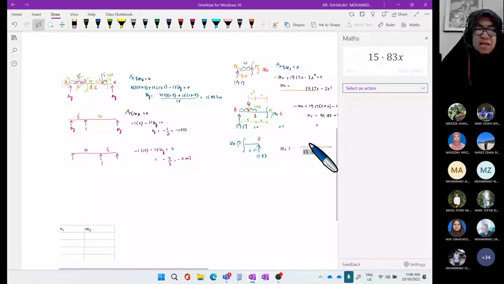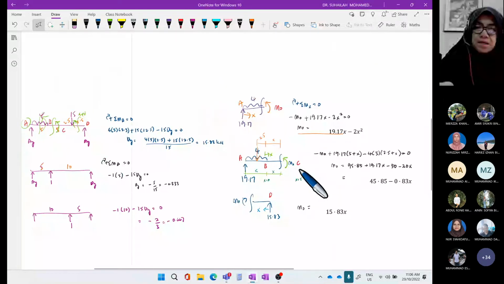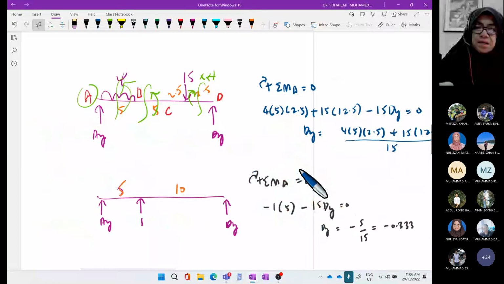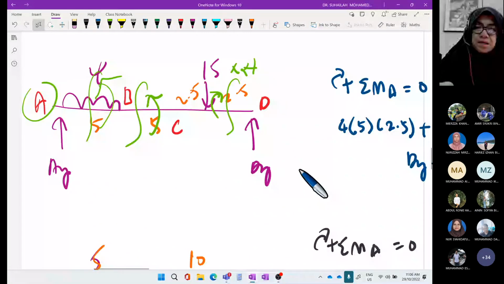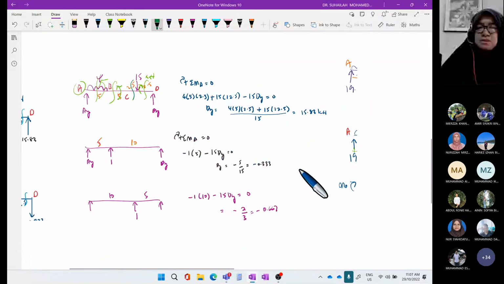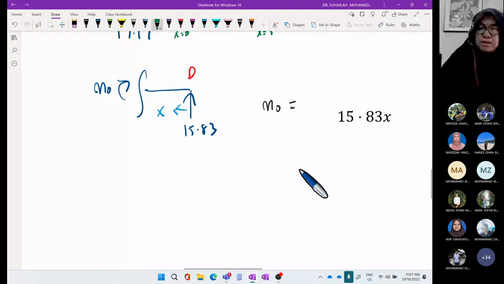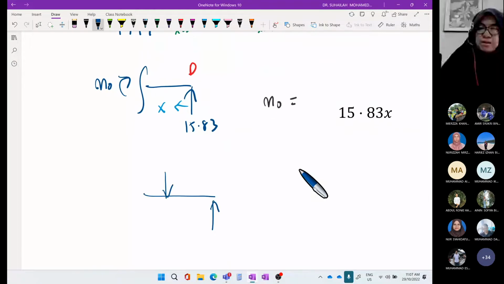Okay, now CE, origin E, 0 to 2.5. Let's look at the section. It is here. There is the 15 kilonewton, like this. This is 15, this is 15.83.